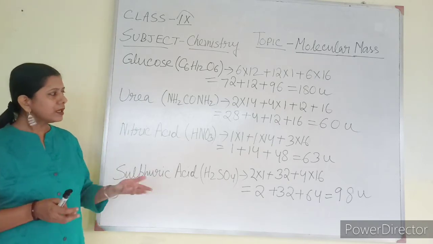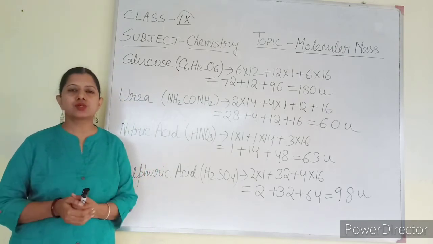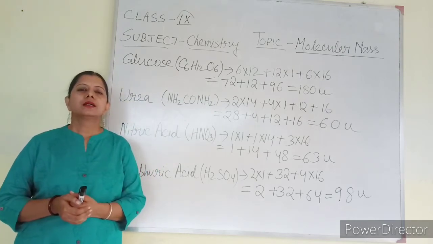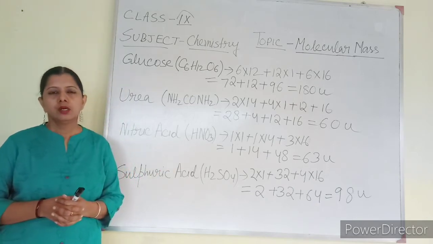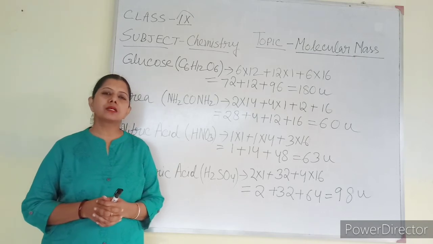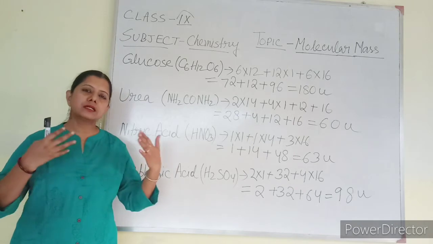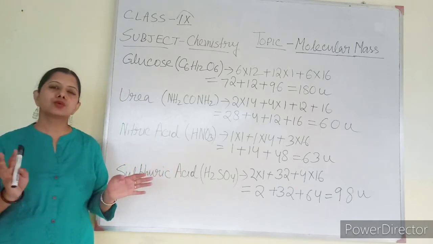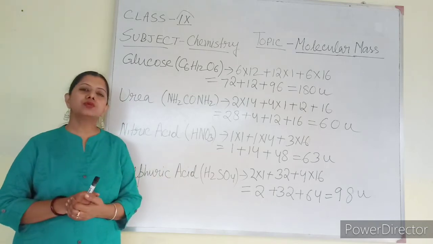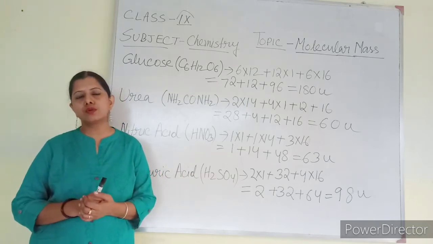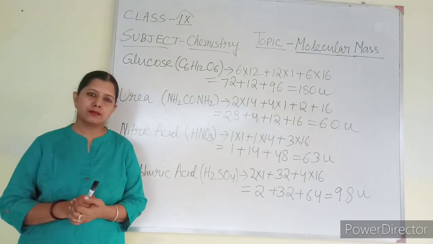Okay. Another thing I want to mention, that you may be confused in some of the questions. You will find that write down the formula unit mass of the following compound. So actually formula unit mass and molecular mass, both you have to calculate the same way, same thing you have to find out. There is no separate thing that you have to do. Actually formula unit mass, this word is used for ionic compound and molecular mass is used for covalent compound.